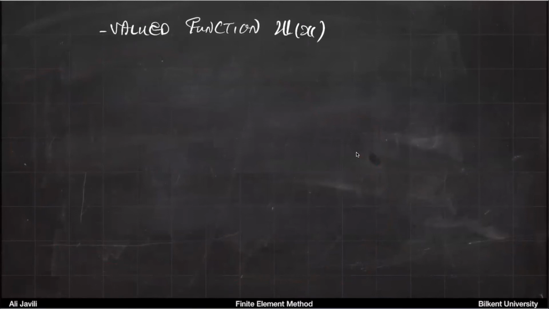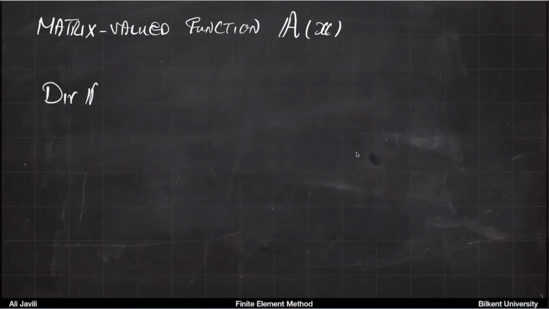Again, for simplicity, I call it matrix valued because I want to avoid using the term tensor here, but it's a tensor and it's a matrix A. It's a, let's say, 3 by 3 square matrix, and it's a function of X. Again, similar to before.